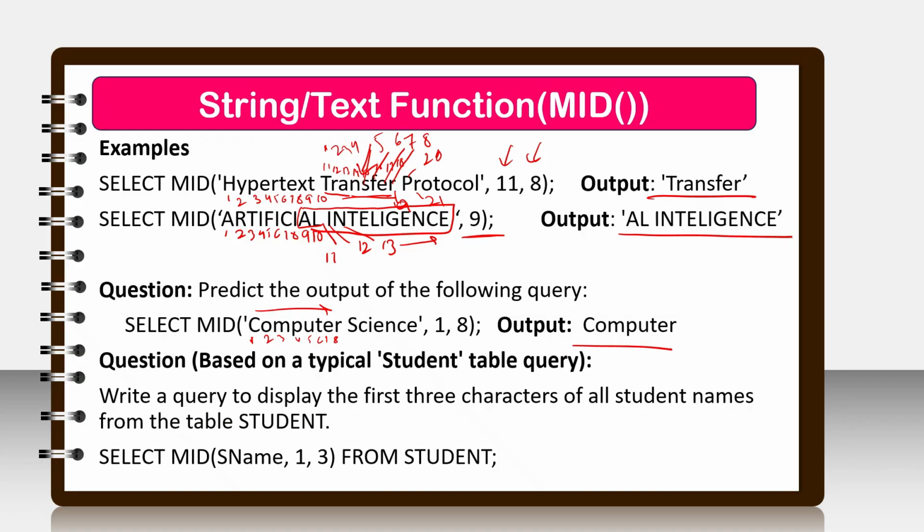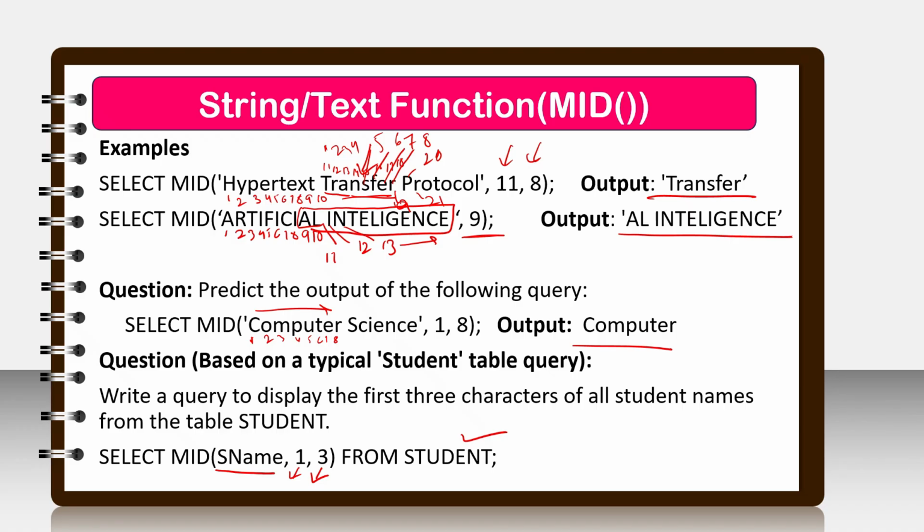Okay, this question is based on a table, that is student. We are considering a student table, and the question is: write a query to display the first 3 characters of all student names. So for the first 3 characters we take the column name S name, then we start with 1 and the last is 3, from the table name.